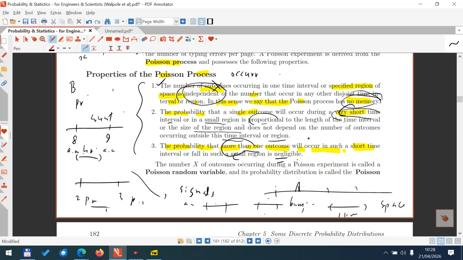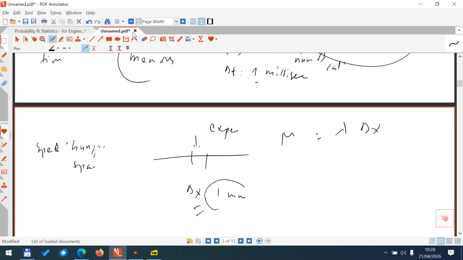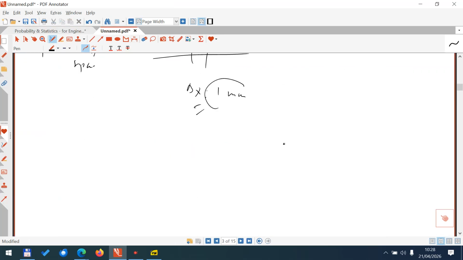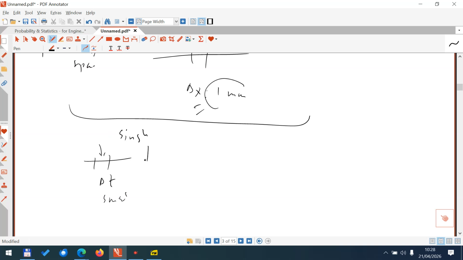Now I want you to recall something else related to this before we move on. We learned two things. When this delta t is small, we know that it can be seen as a single trial, and that single trial will either be a success or a failure.